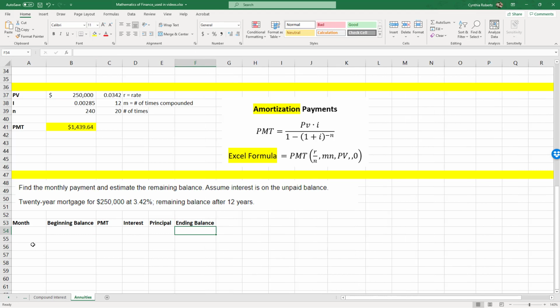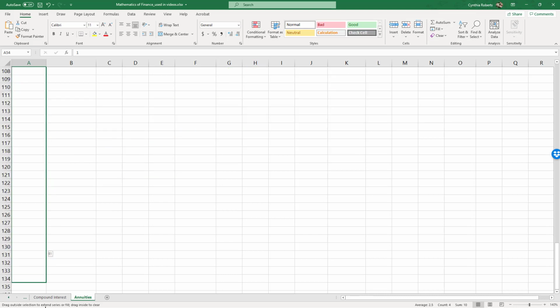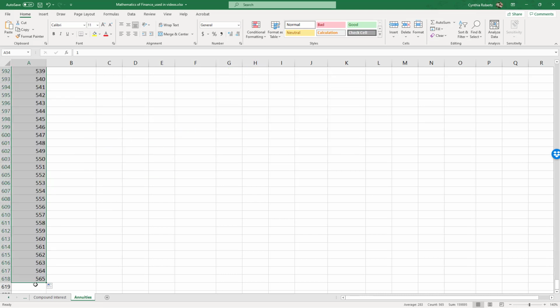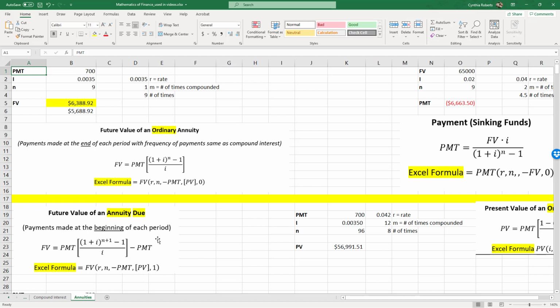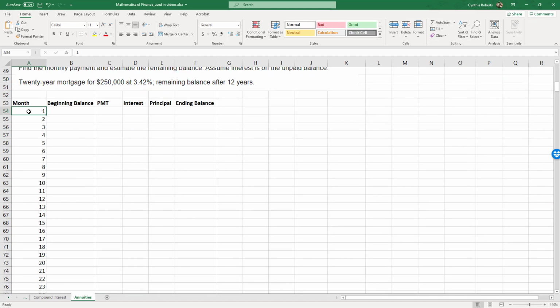All right, so of course our months are going to be 1, 2, 3, 4, and they're just going to go on forever. If you grab that side, notice that it numbers them for you. All I did is type about 1 through 4, or even 5 here, and if you grab, you'll notice that it counts for you.